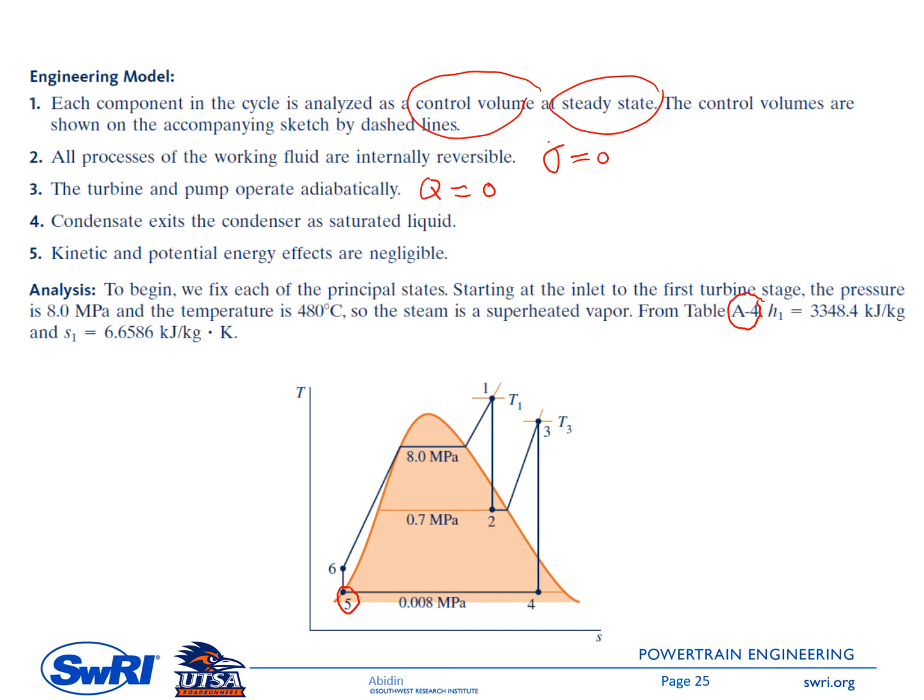Using table A4, you will get H1 as well as S1. H1 is 3348.4 kilojoules per kilogram, and S1 is 6.6586 kilojoules per kilogram Kelvin. We'll use this S1 to determine the properties at state number 2, which will be on the next slide.